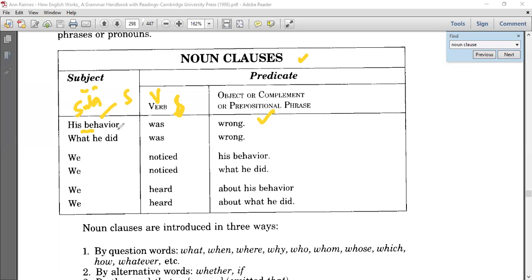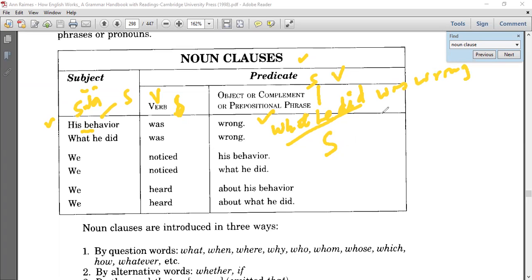Now, what is the difference between a normal sentence and a sentence which has a noun clause? For example, if I write over here, what he did. Here we have a subject, we have a verb, and this whole clause, this whole thing, is the subject of the sentence was wrong.